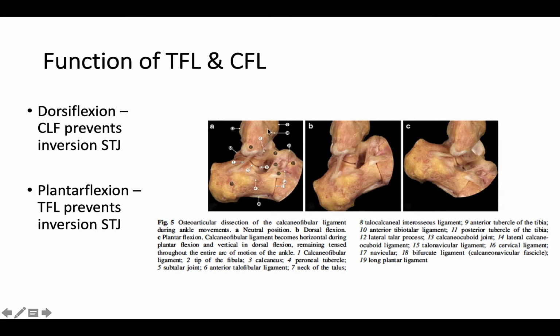So here we have the lateral malleolus, trochlea, so this is the talus here, here's the subtalar joint here, so this is the anterior talofibular ligament, here's the calcaneofibular ligament, and we can kind of see in this position that the anterior talofibular ligament is going to kind of limit anterior drawer of the talocrural joint, and that the calcaneofibular ligament would mostly limit inversion of the subtalar joint.